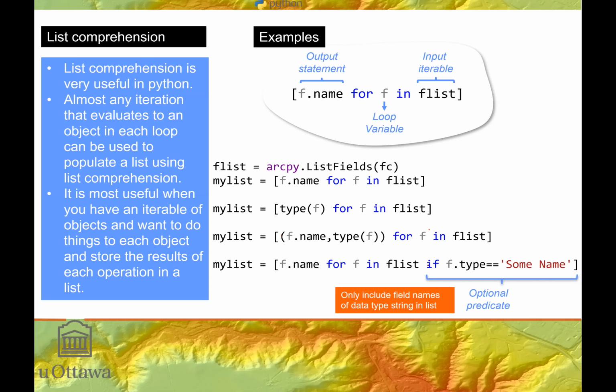Or I can even put if statements inside of there to limit what things are compared here, or what values come out here. So I could say for f in f list, and then that if statement would generally be under a for loop. You'd say if f type equals some name, then include that name in the list, otherwise don't. So only including, let's say, fields of a particular data type.